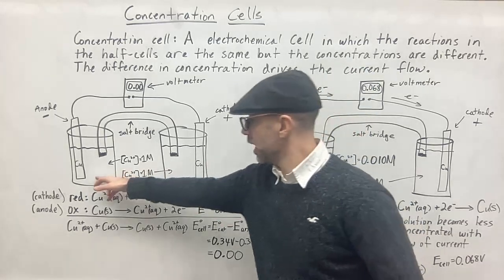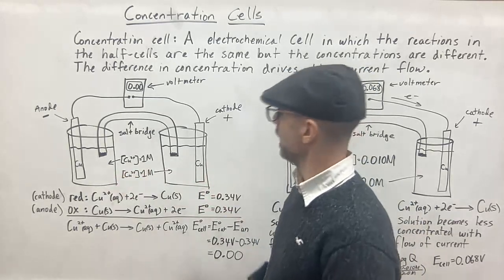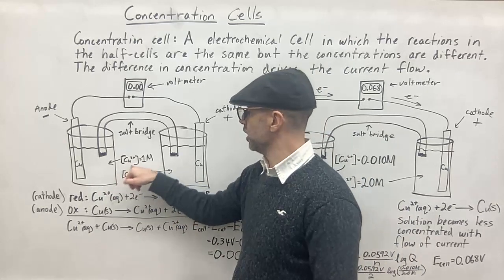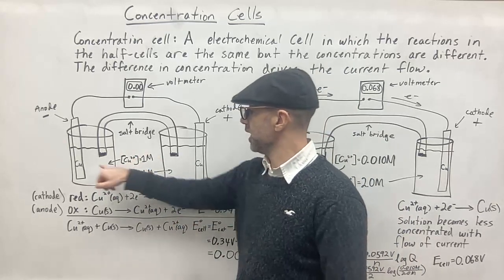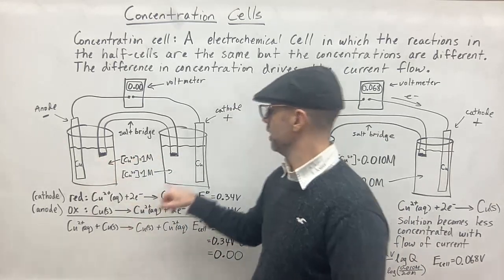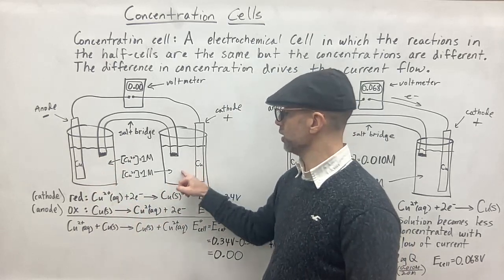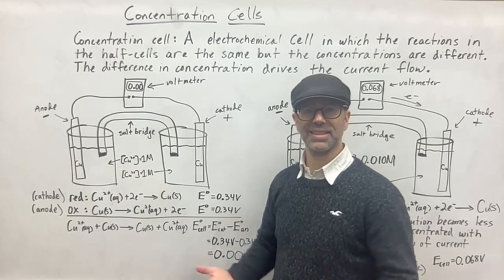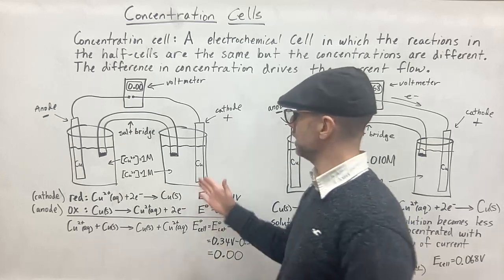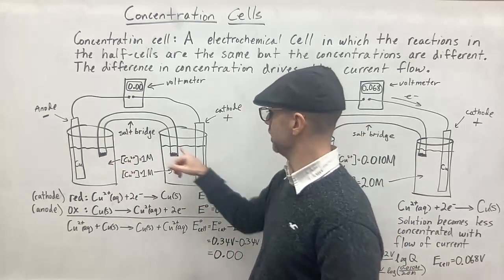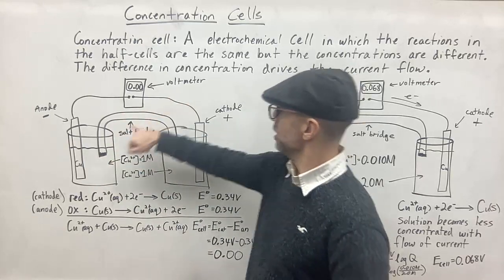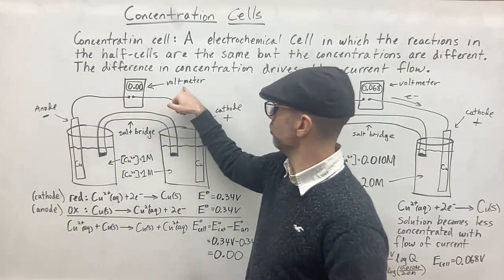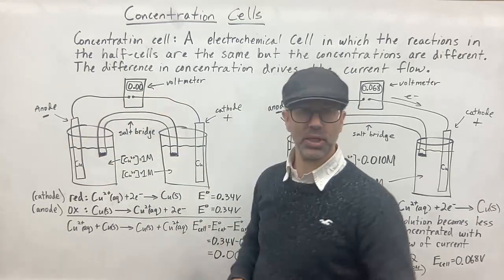So both copper electrodes, and the concentration of copper 2 plus ion is 1 molar here, and the concentration is 1 molar here. So the concentration of your copper 2 plus ions is exactly the same. So everything is the same on both sides. Here you have your salt bridge. The two electrodes are connected to a voltmeter, and you'll notice the voltmeter says 0.